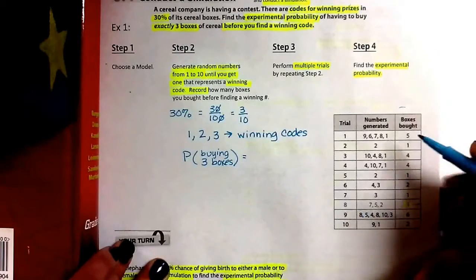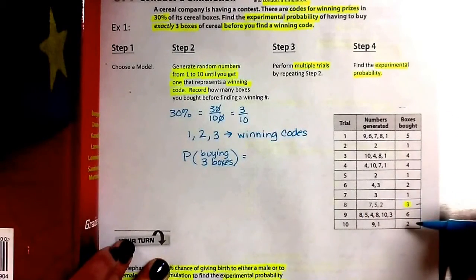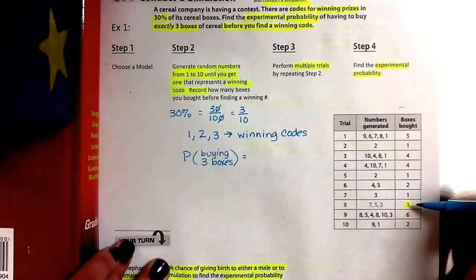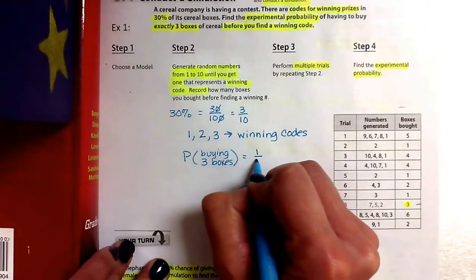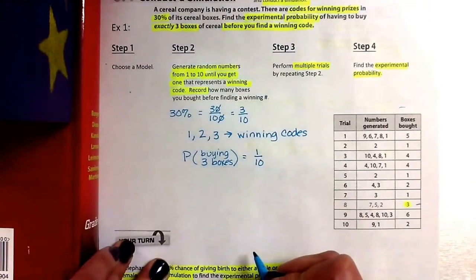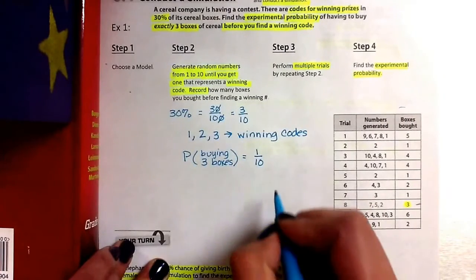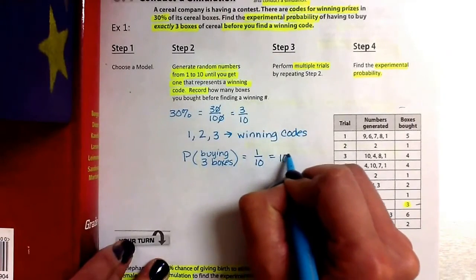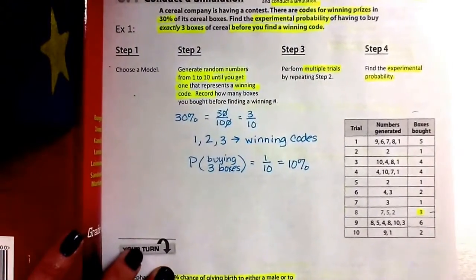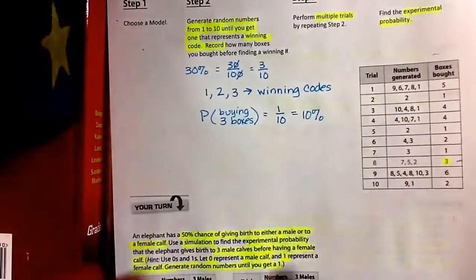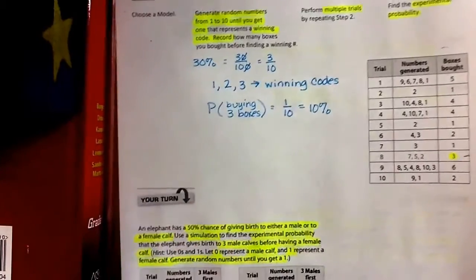How many times did that happen in our 10 trials? Well, it only happened once. So it happened 1 out of 10 trials, so our probability is 1 out of 10, or 10%. Okay, so that is what we're looking at in this lesson. And again, this was only a simple event.